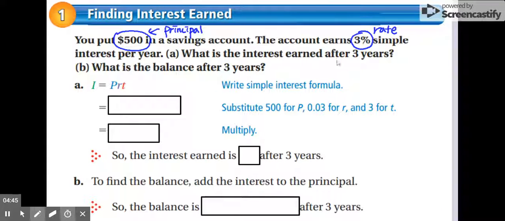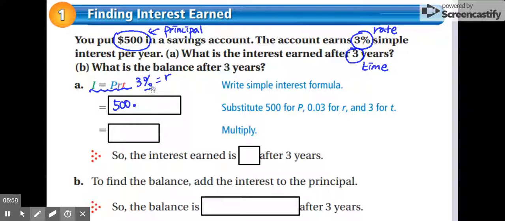So what is interest earned after 3 years? 3, this is going to be time. So we have three things. So now we have no problem to find the simple interest. And we know the formula, I is equal to PRT. And P, principal, so you just plug in. And R, you really want to put 3% for R, but we don't put percent in the equation.